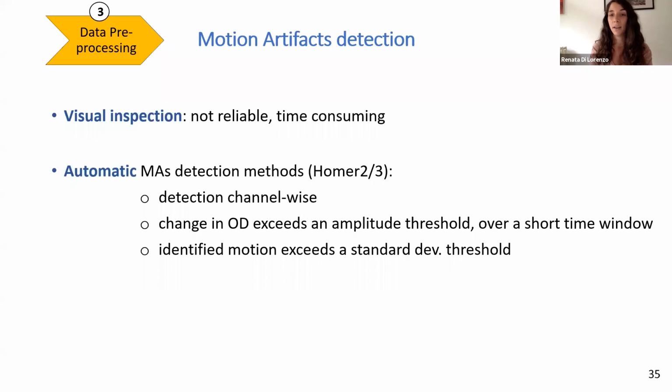So there are many thresholds to be exceeded to define a motion artifact. You can play around with this and identify the real motion artifacts in your data. And this is more reliable and easier to reproduce for other researchers as well.